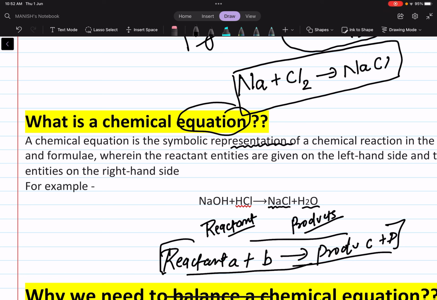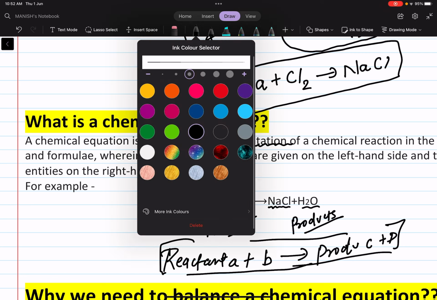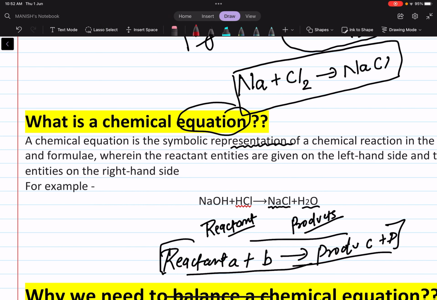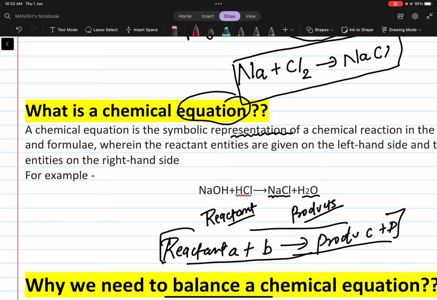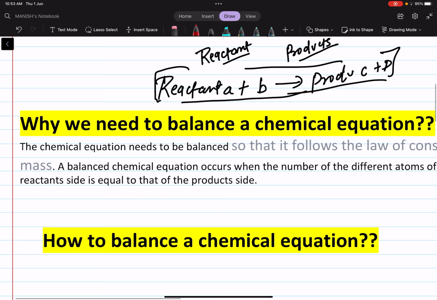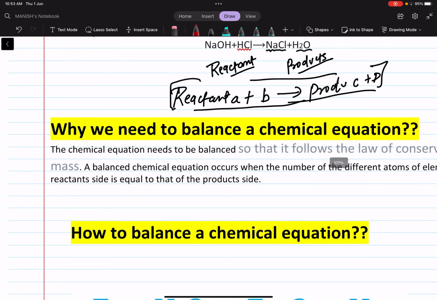So here comes a law which is called the law of conservation of mass. According to this law, mass cannot be created and neither can it be destroyed. It can only be transformed from one form to another. So every chemical reaction follows the law of conservation of mass.